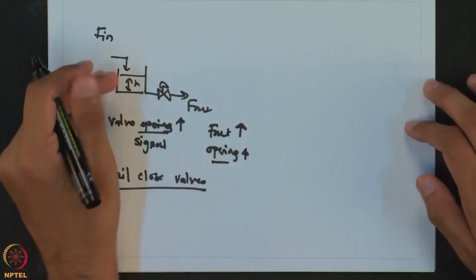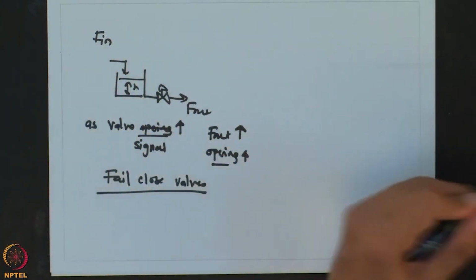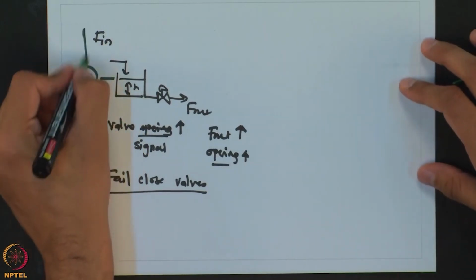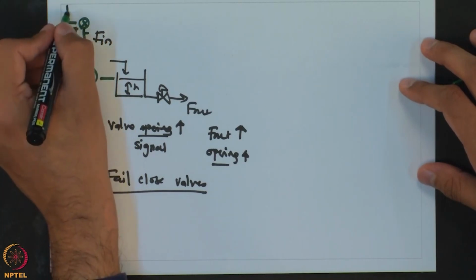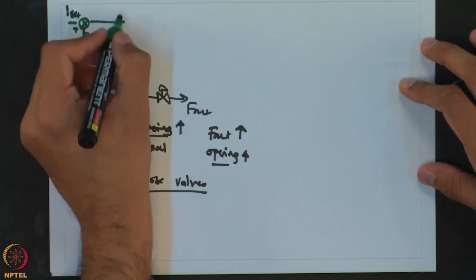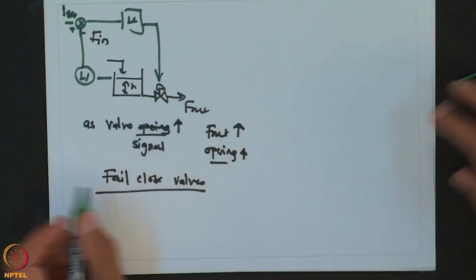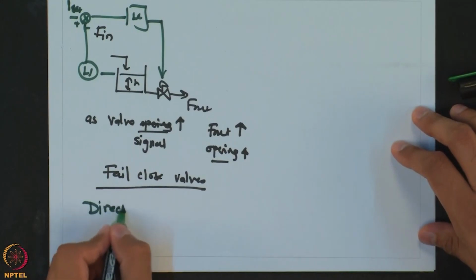So, if that is the case and if we implement a feedback control onto this system, which will be of this form, then this feedback control system will be direct acting.